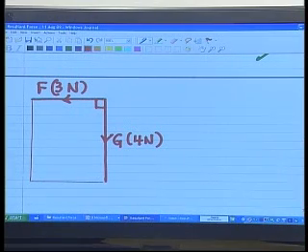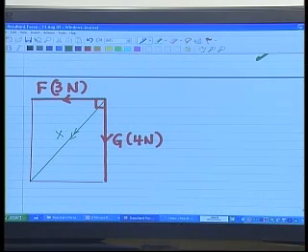It's good for you to draw it again, then you will understand it clearer as you do it many times. This is x. We have already worked out that x is 5 newtons, and this is theta.